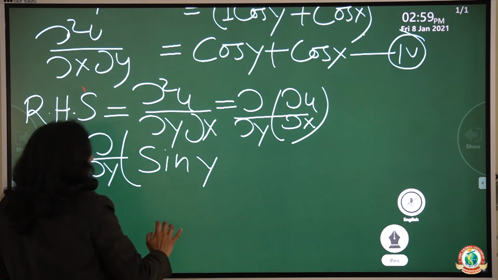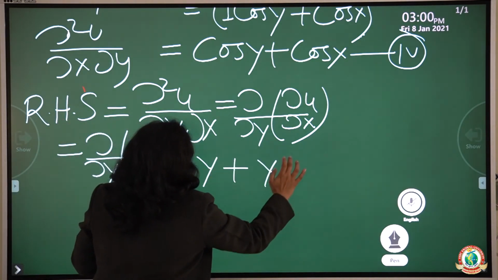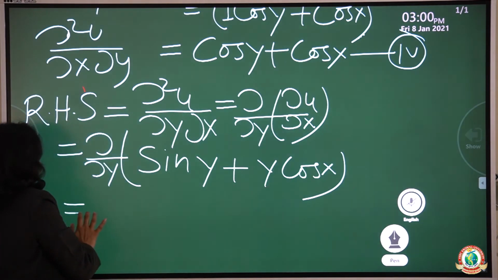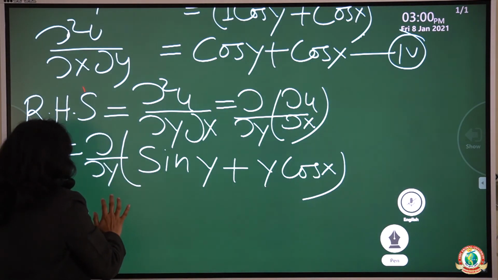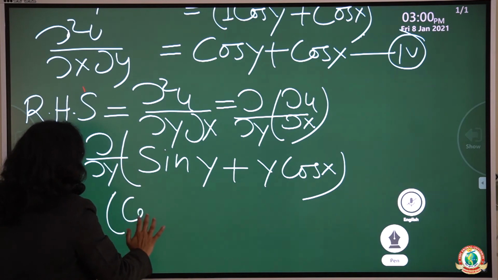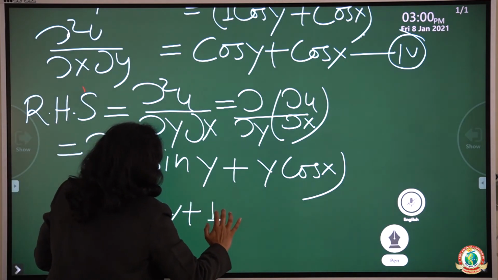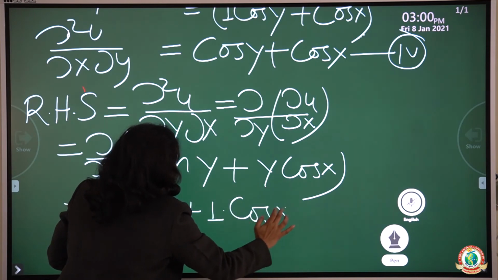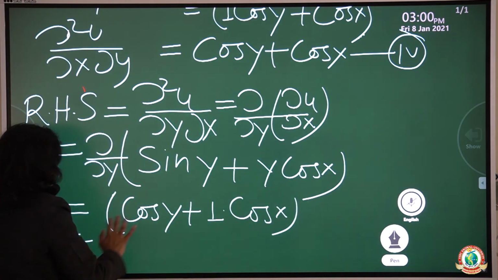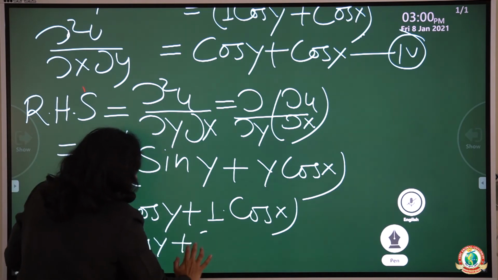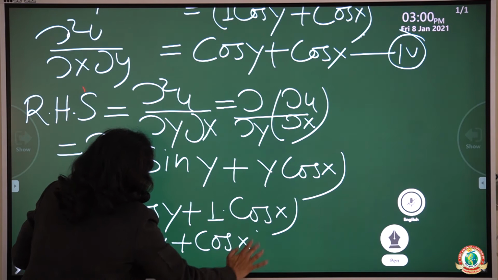Now we differentiate with respect to y: cos y plus 1 cos x, which is equal to cos y plus cos x.